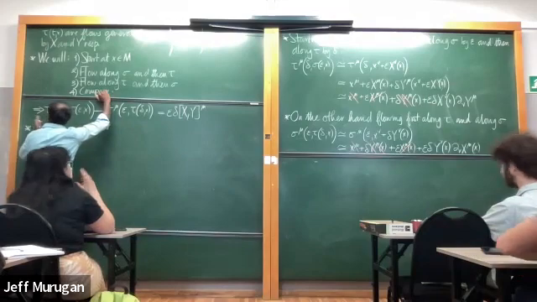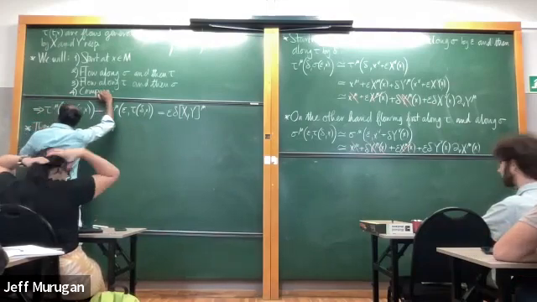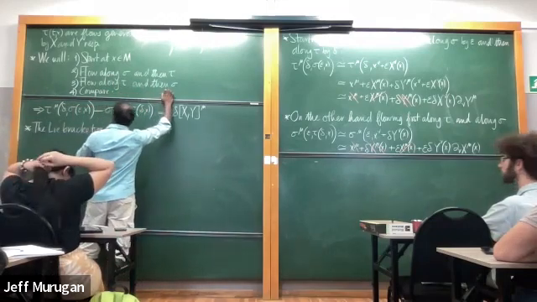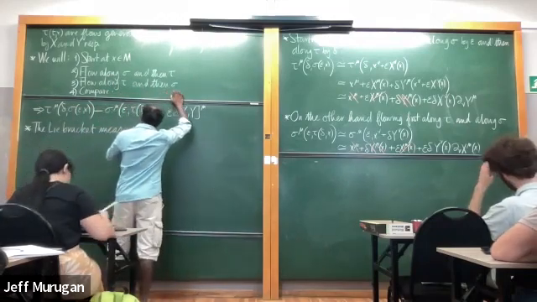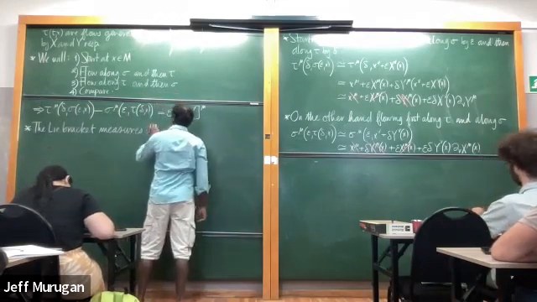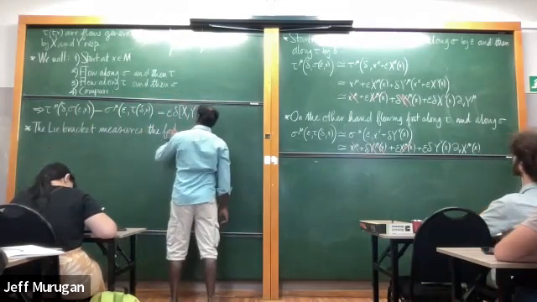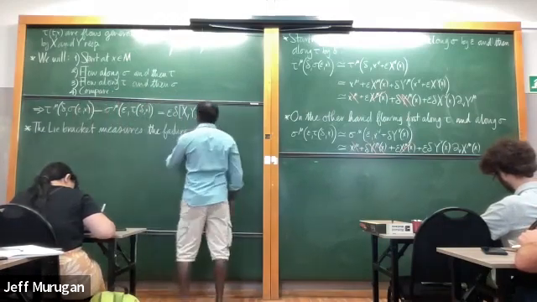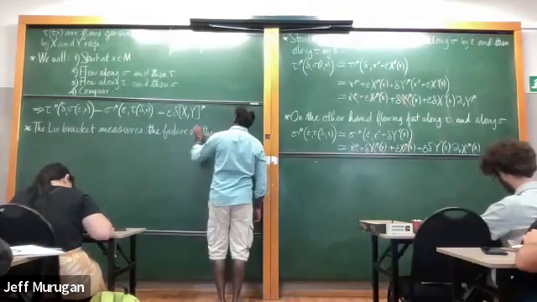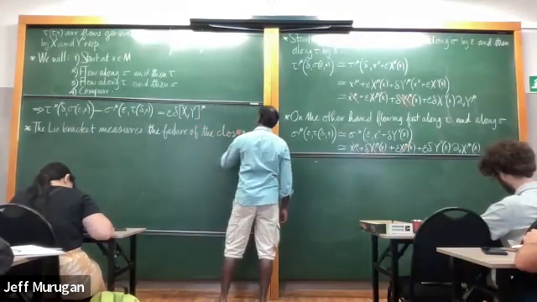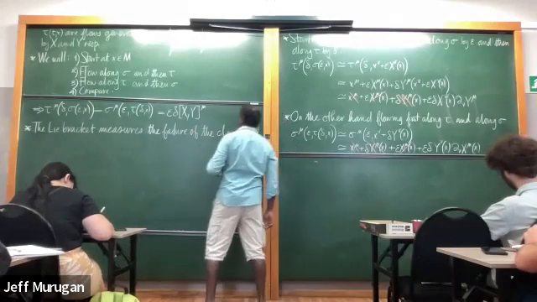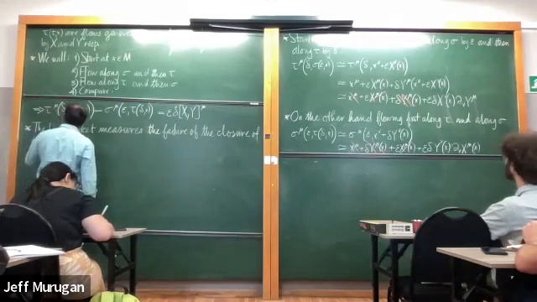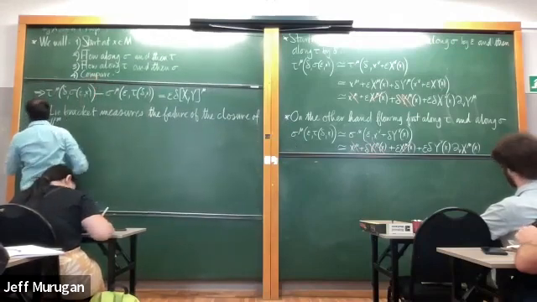The bracket measures the failure to commute. Good.